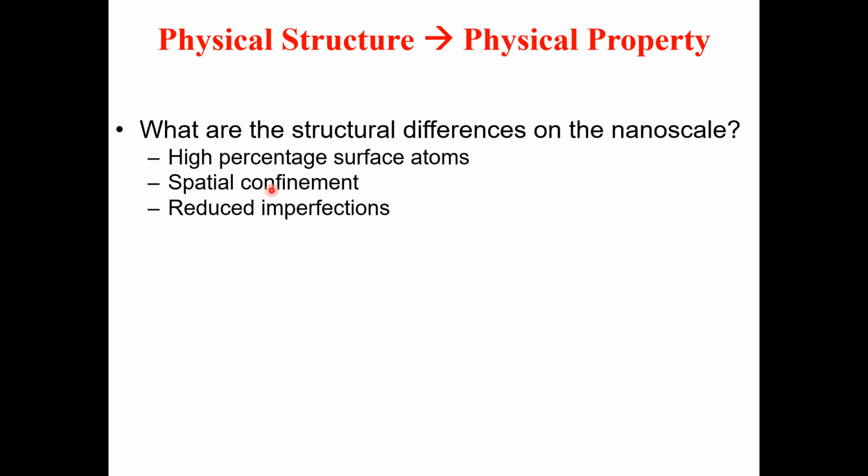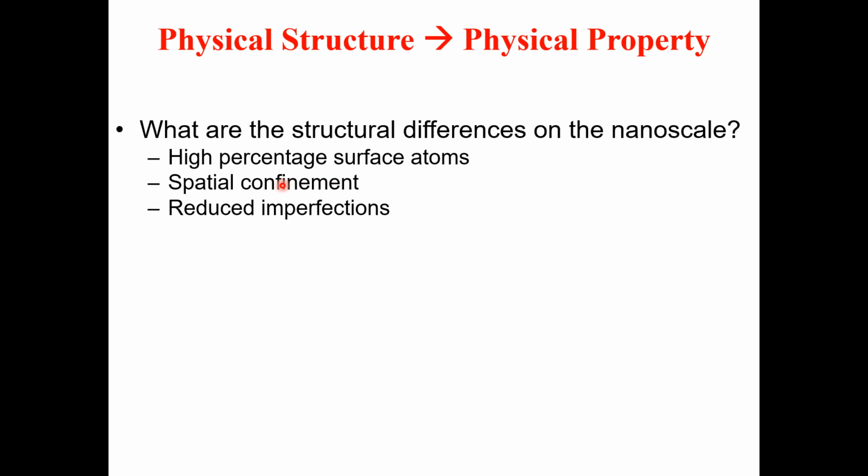Spatial confinement means that since the atoms are lying at the surface, they are confined to smaller regions. We have smaller size materials, with the majority of the atoms at the surface. In the neighborhood, due to the smaller size, those materials are confined to a particular smaller region. And due to that confinement, we can sometimes also call it quantum confinement.